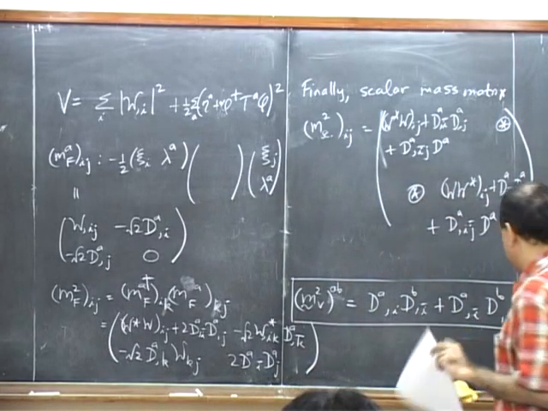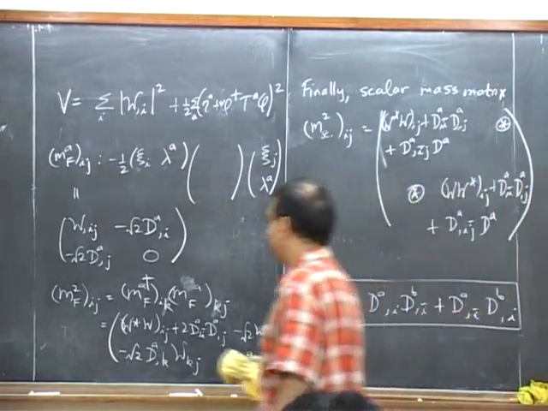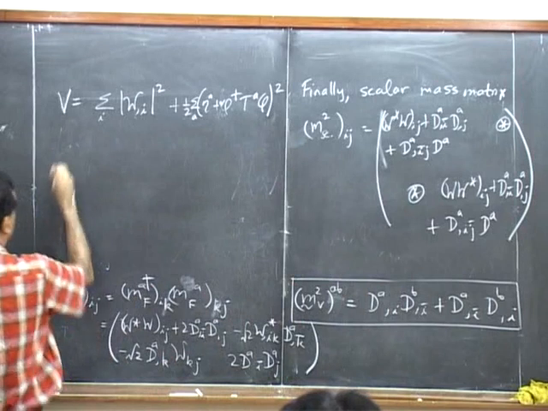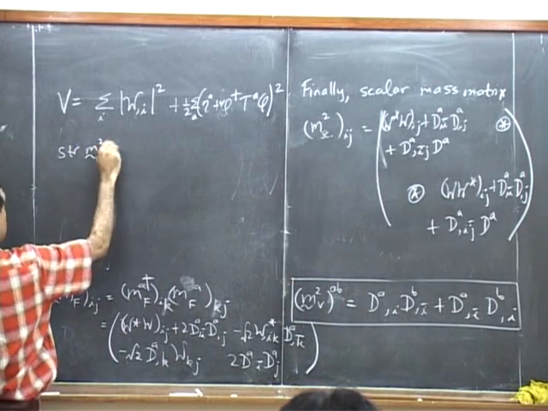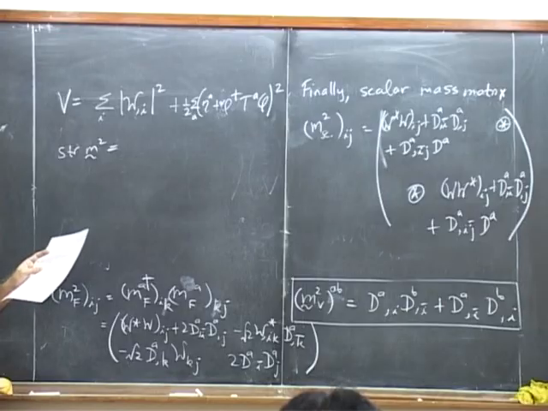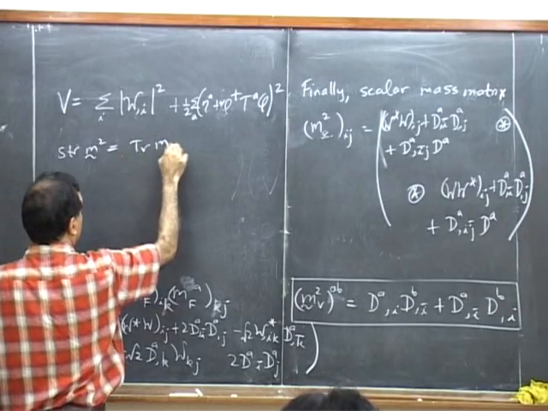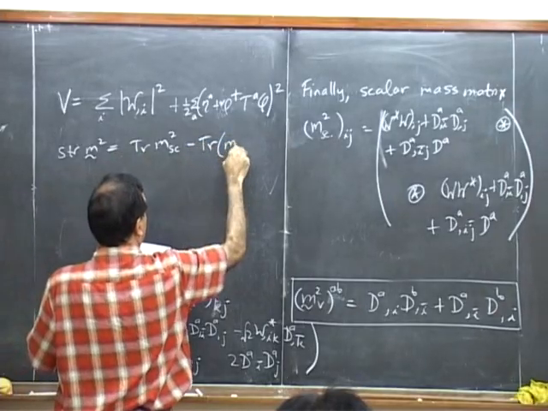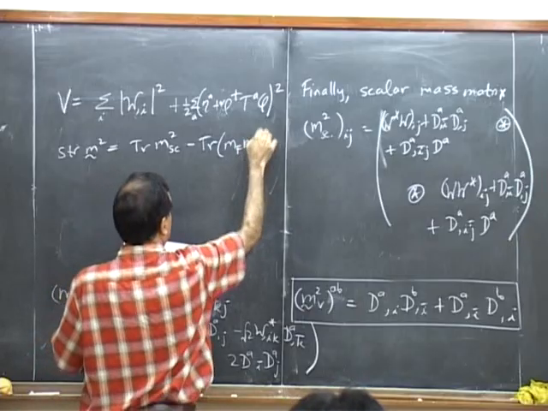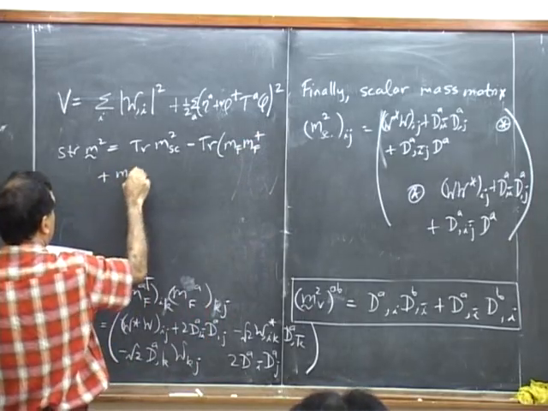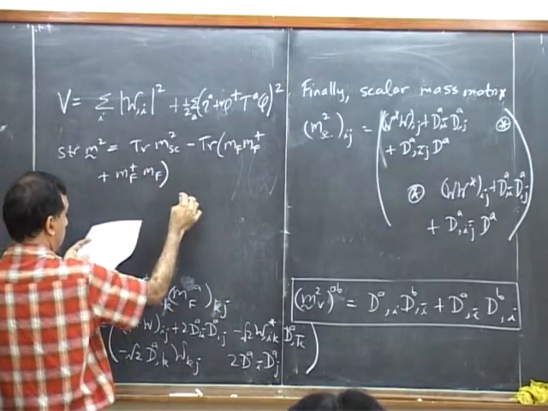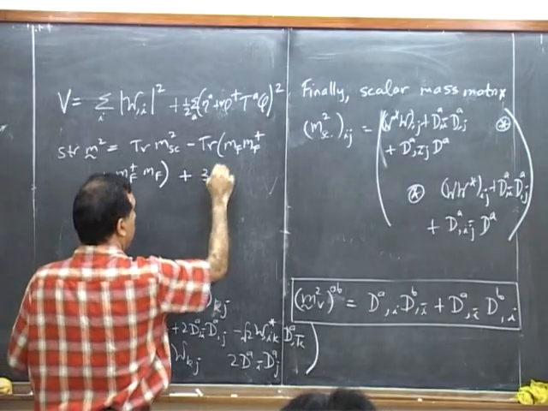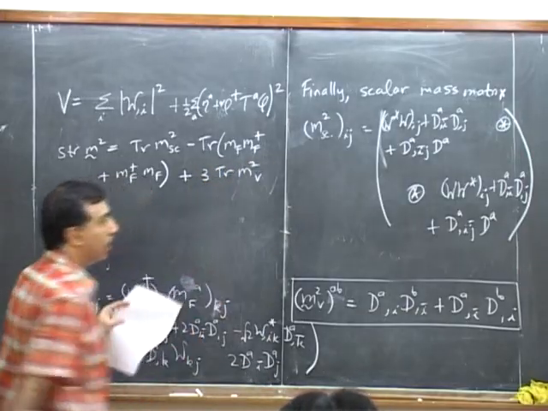And now we simply take the super trace. So the super trace of m square is the trace of the scalar part minus the trace of mf dagger mf plus mf mf dagger, which are equal, and plus, since we are now working with massive vector fields, 3 times the trace of the vector mass matrix.